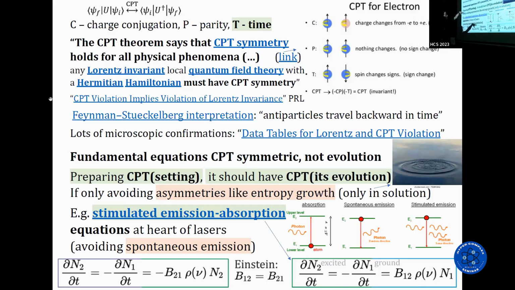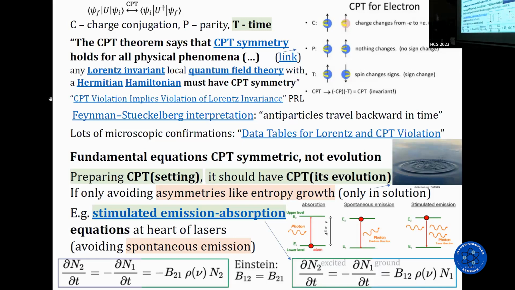There are some asymmetries, especially in the entropy growth, but like in this lake, which is fundamentally symmetric, you can drop a rock, and we have fundamentally symmetric equations but an asymmetric solution. So often the asymmetry is in the solution, not in the equations. But it should also be followed with entropy growth.